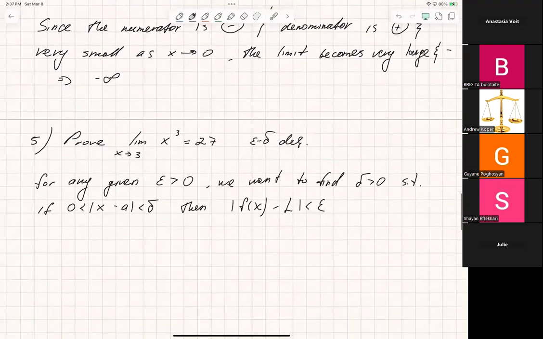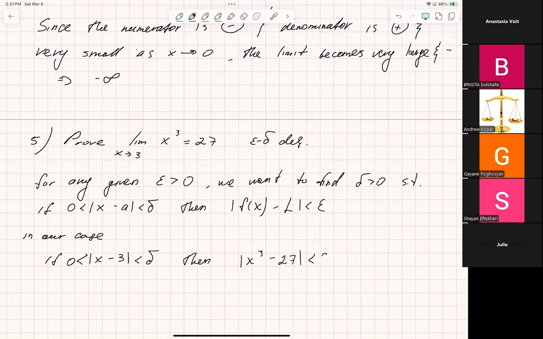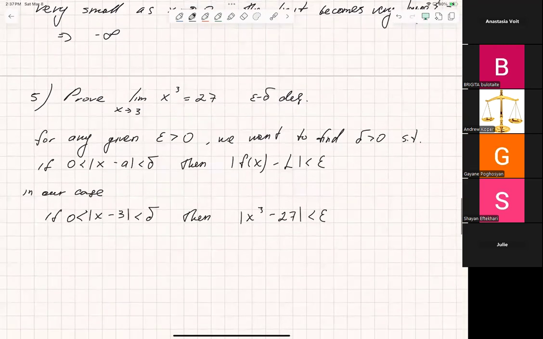So in our case, if absolute value of x minus 3 is positive and less than delta, then absolute value of x cubed minus 27 is less than epsilon.